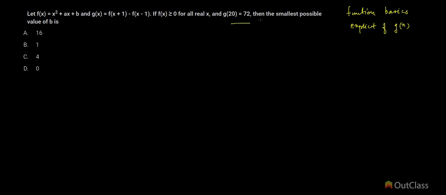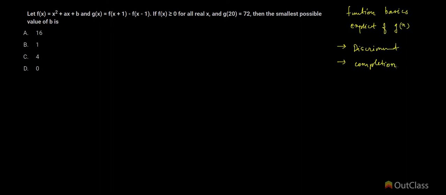Substitute the input output pair 20, 72 and get the value of a parameter. We have a quadratic expression which is always greater than or equal to 0. At that point we'll need to bring in either the discriminant concept or you can just go completion of squares.